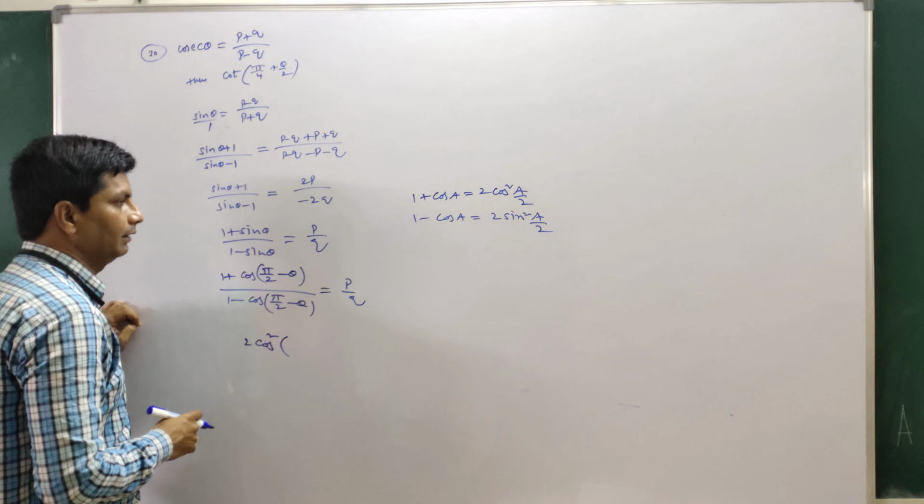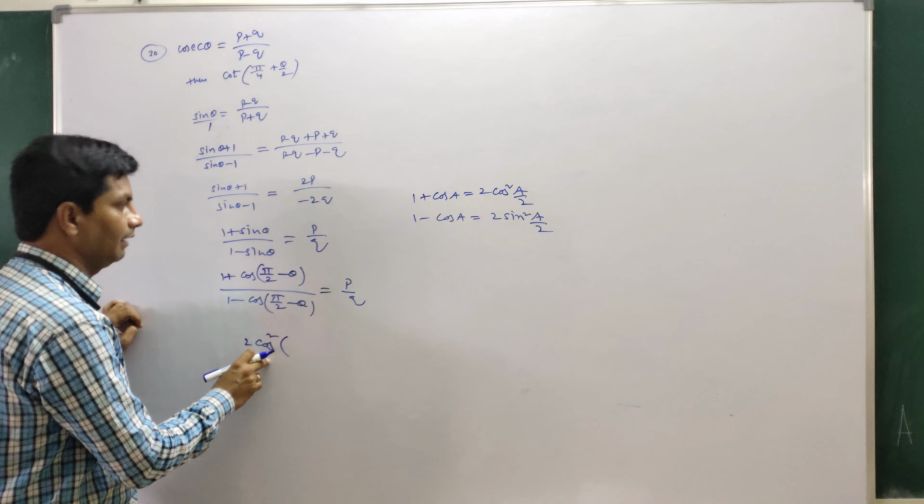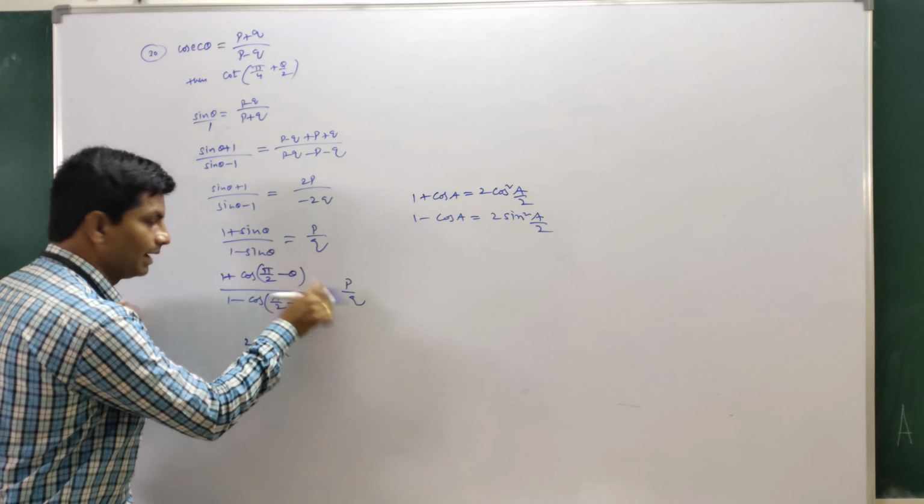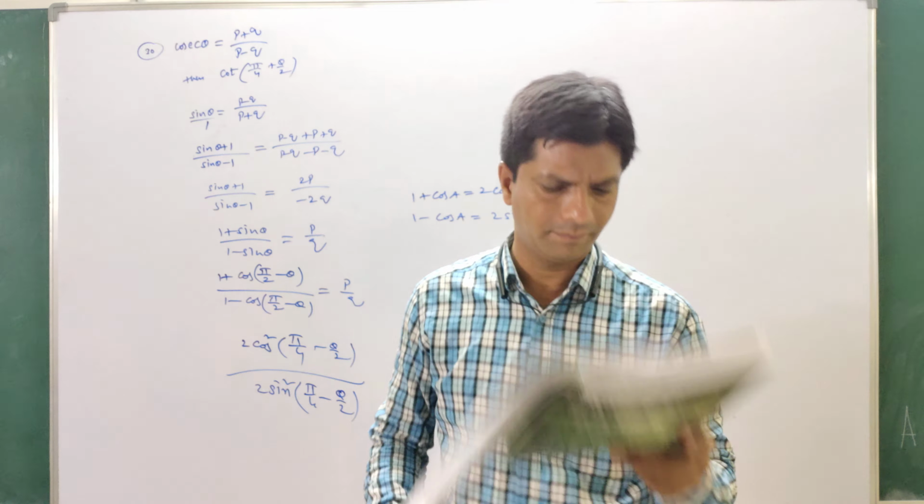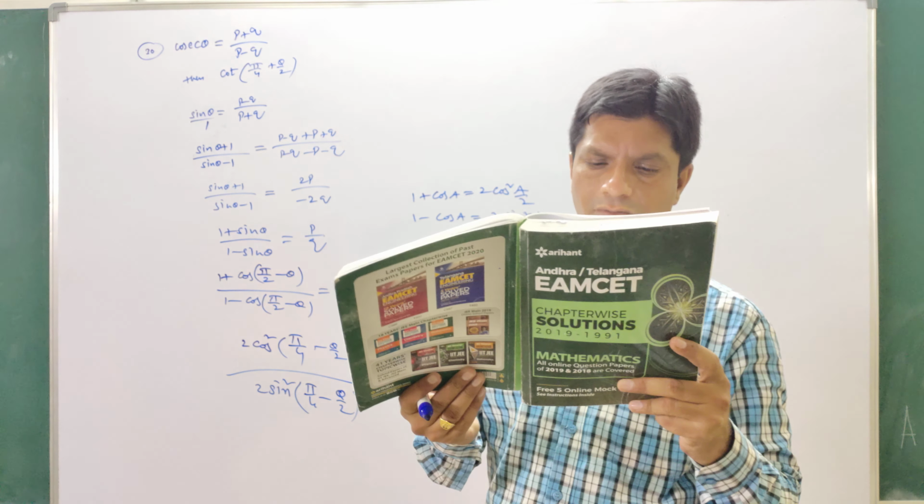So how much do you get here? 1 plus cos A gives 2 cos square, A by 2 meaning (pi by 2 minus theta) by 2. Split this: pi by 4 minus theta by 2. And how much do you get here? 2 sin square, again watch, pi by 4 minus theta by 2. Actually the problem is given as cot of (pi by 4 plus theta by 2).